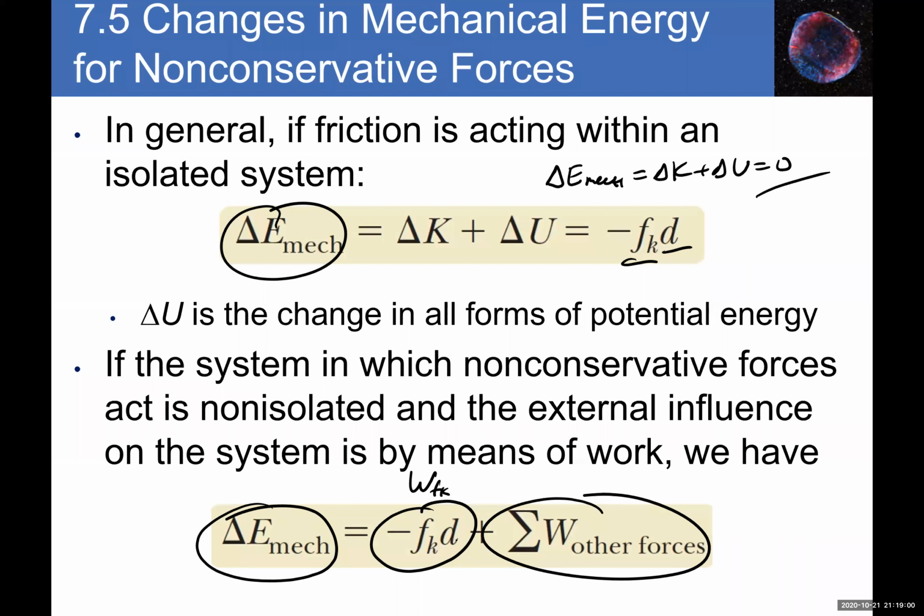In a way, we're separating friction from other non-conservative forces, even though it is also a non-conservative force. This is the only type of non-conservative force that will go into changing internal energy. These others have nothing to do with internal energy. Friction converts energy into internal energy, so that's why it's a little bit separated.